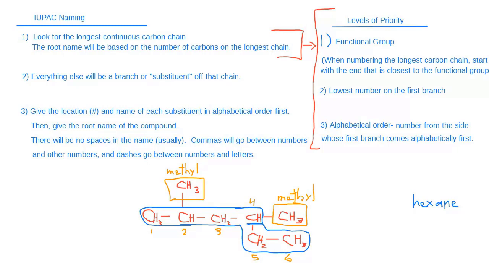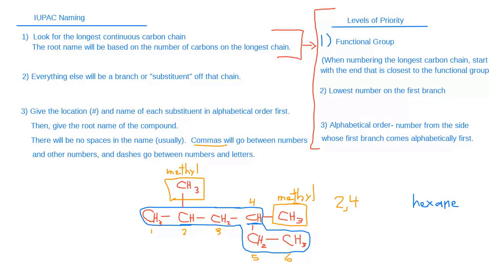So this is 2, 4. If you have more than 1 branch of the same kind, you need to put a prefix to indicate how many you have. So this is going to be 2, comma 4, because remember, commas go between numbers and other numbers.